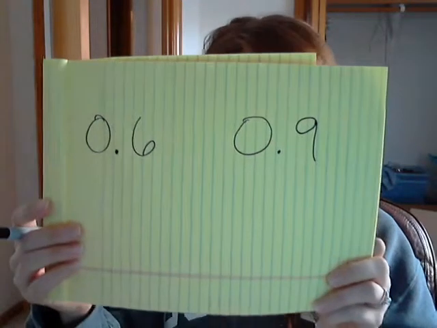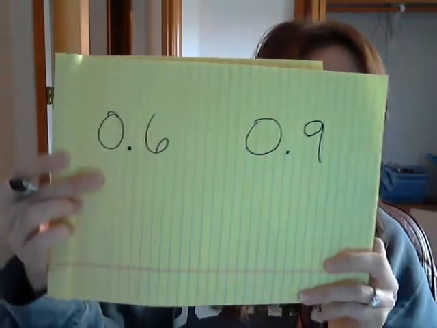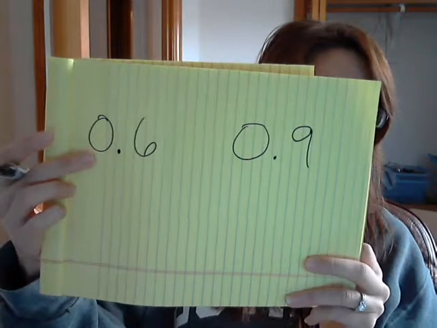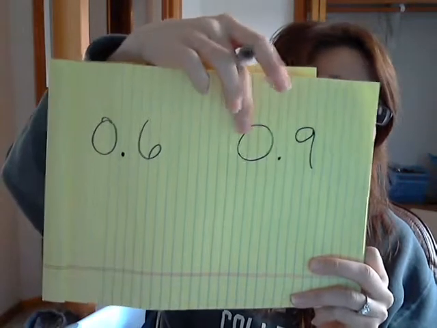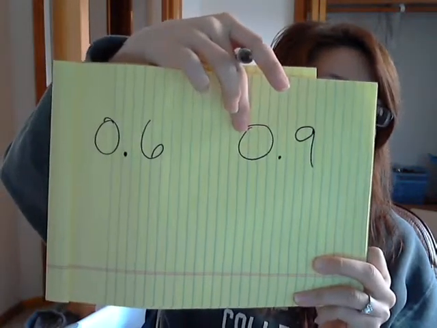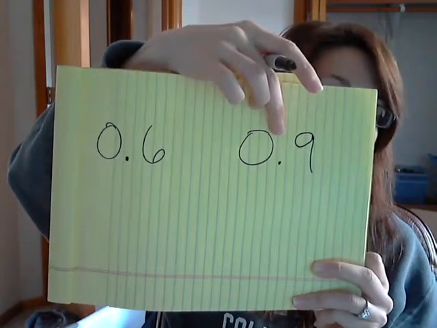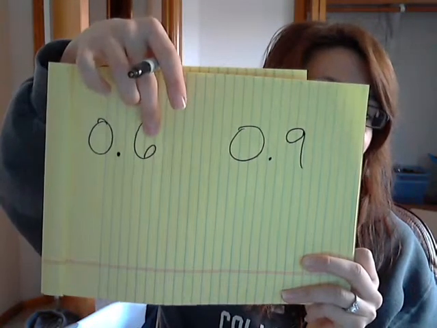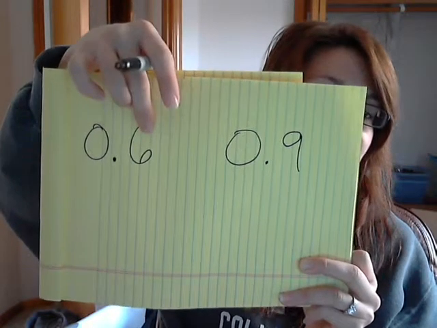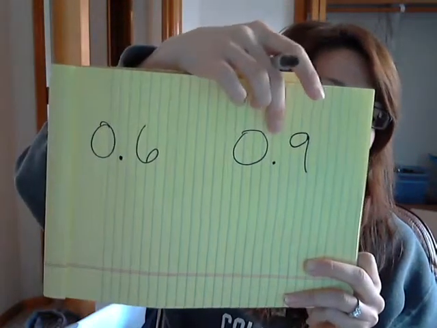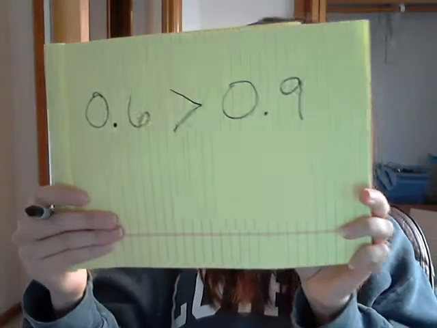And once you build these decimals, you can see that 6 tenths is less than 9 tenths, because 9 tenths is actually greater, or closer to 1 whole than 6/10. This is like saying 6 dimes, and this is like saying 9 dimes. So I'm going to put 6/10 is less than 9/10.